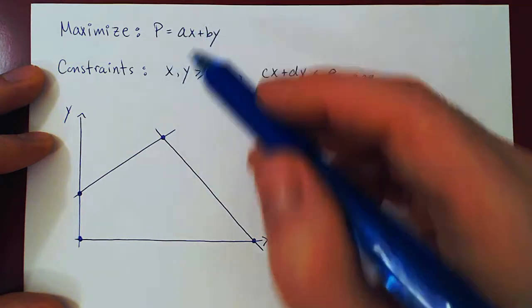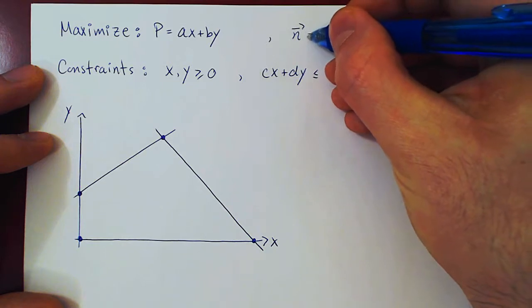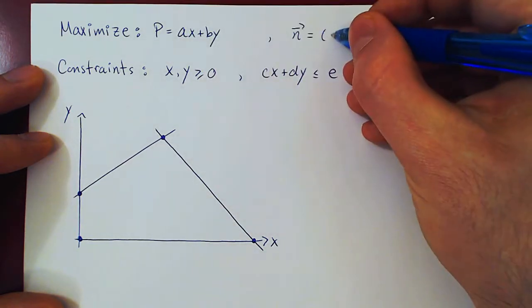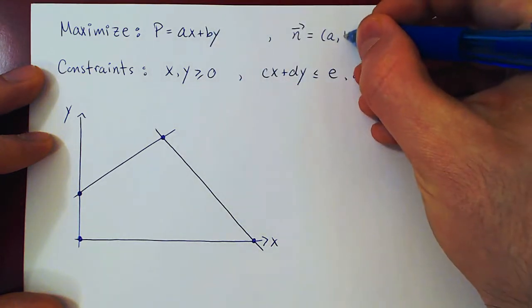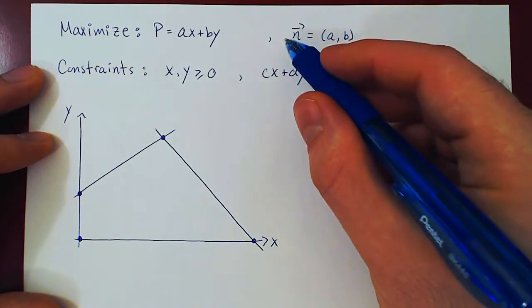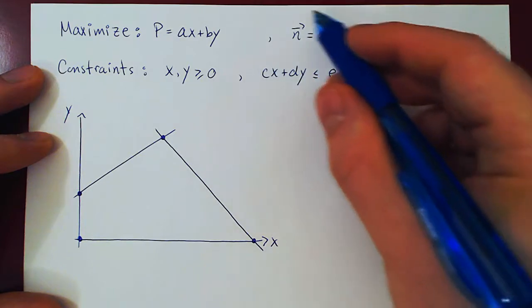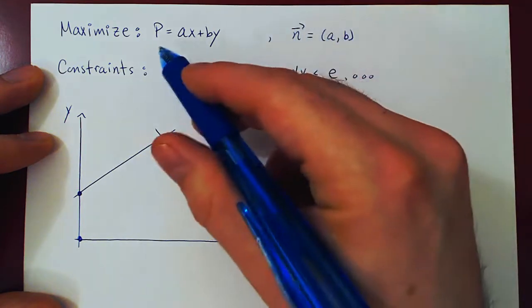This is the equation of a line in the xy plane, whose normal vector, if you remember, has an x-coordinate being the multiple of x, and a y-coordinate being the multiple of y. And so the normal vector to our line defines the slope of the line, as this vector is perpendicular to our line.